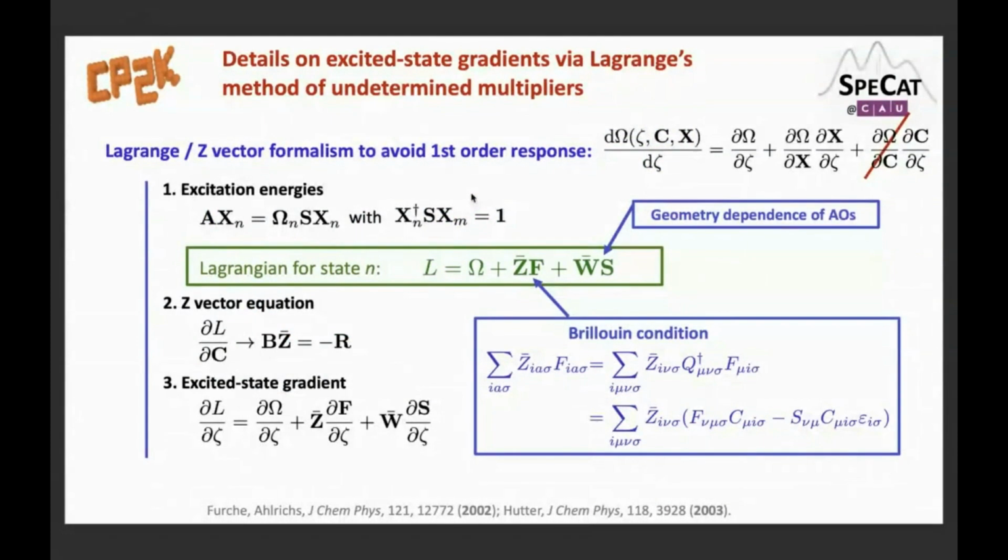Okay, so the computation of excited state gradients. What do we have to do in addition to solving the eigenvalue problem that we have already seen at the beginning?